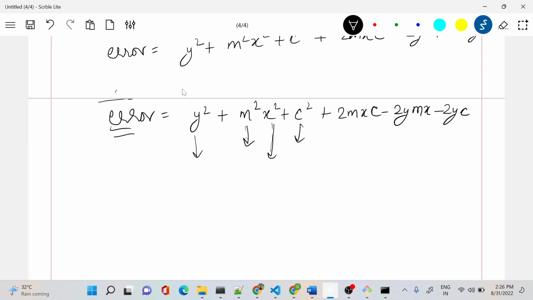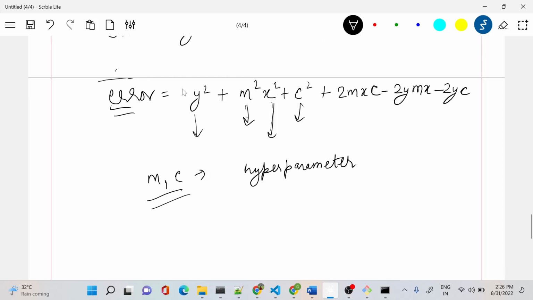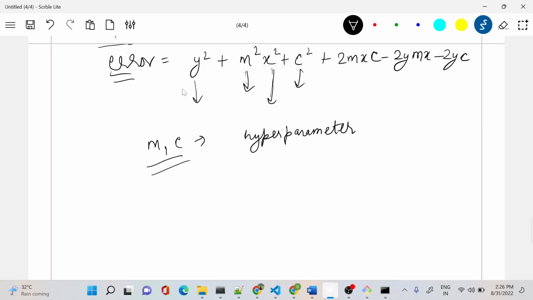So the only two variables that we have here are m and c, and these are called hyperparameters, the values the machine calculates in machine learning. We will find out how to calculate m and c in the next video. Stay tuned.